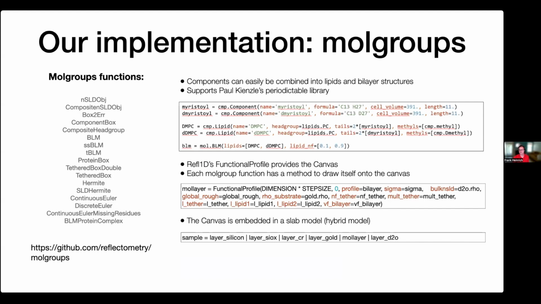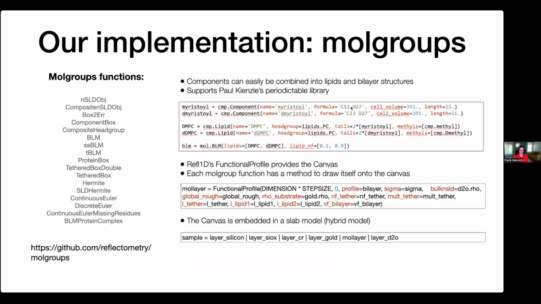Just to give you a quick idea how that works. For example, if you want to fit a bilayer to your neutron data, you can define components using the component library, and some of those, as I said, are already predefined. Under the hood, it uses Paul Kienzle's periodic table library, so that you really just have to give a formula and a volume, and then it calculates scattering length densities itself.